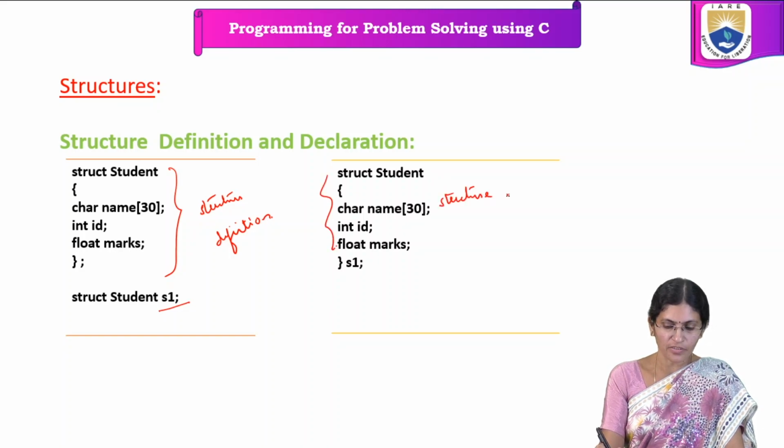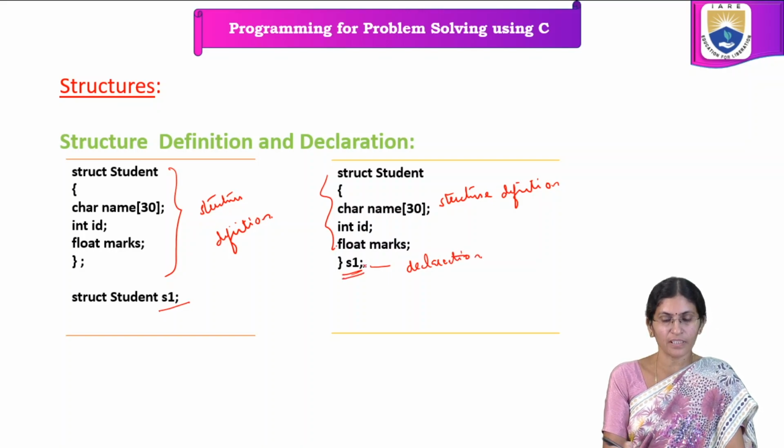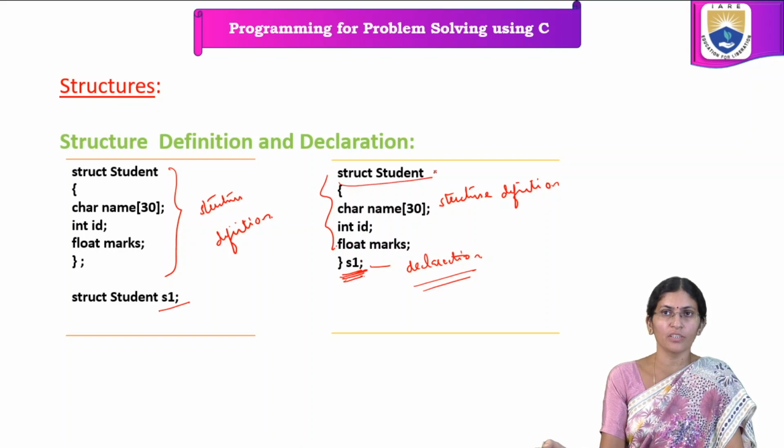So here itself, in the structure definition, we can declare the variable also. So this is the variable declaration. After the curly braces, if you specify the name of the variable followed by a semicolon, this is another way of structure variable declaration. This implies that s1 is a variable belonging to the data type struct student.